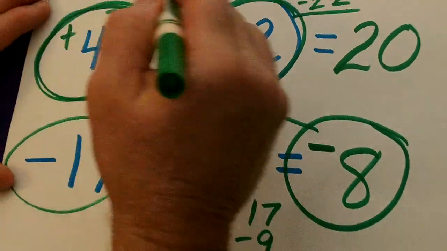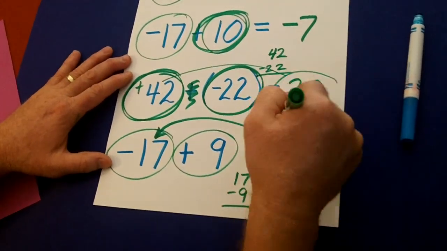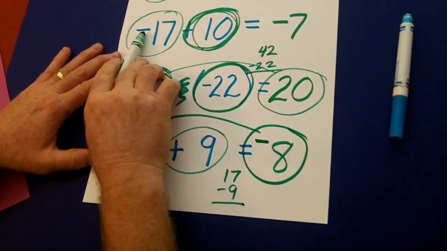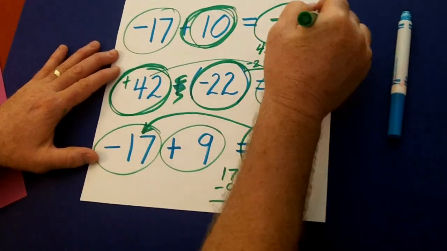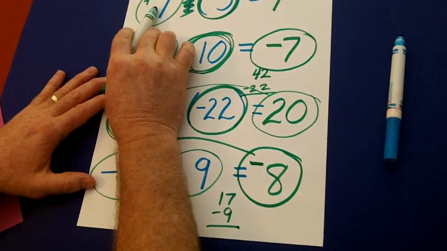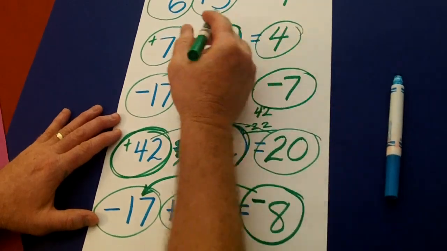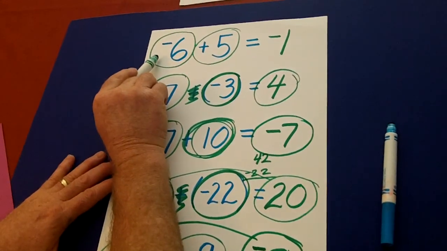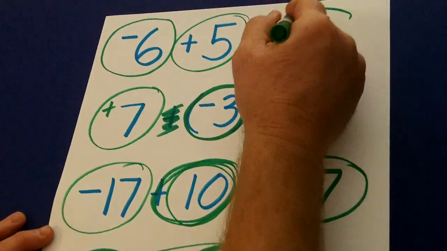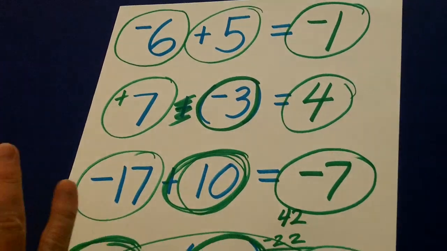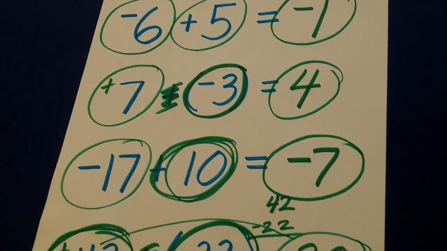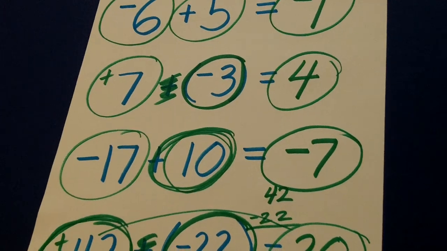The bigger number is positive here, so this is a positive 20. The bigger number here is negative, so the answer is negative. The bigger number here is positive, so the answer is positive. And the bigger number up on top here is negative, so the answer is negative. All right, so that should just about do it for adding integers.